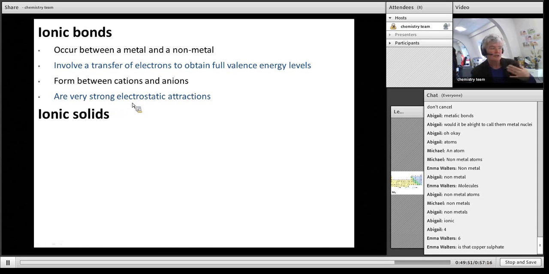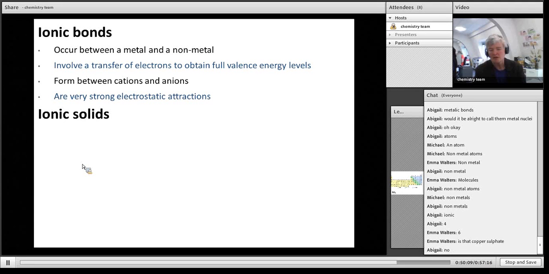So how can we explain the properties? Now if you think of what are the properties of an ionic solid? You saw a few crystals there. Do you think we can shape them very easily? We can mold them, we can hammer them, and so on. No. Would they conduct electricity?